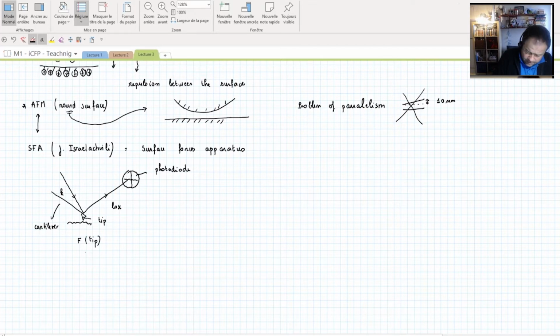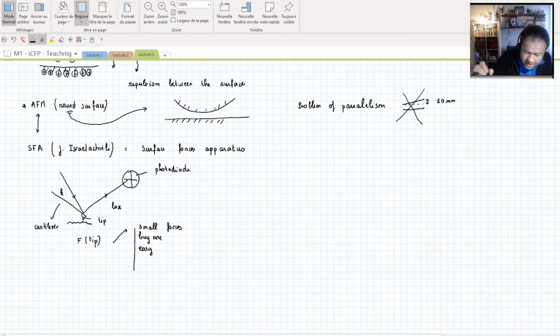What is the advantage of the AFM is that you measure small forces. You can buy one. The measurements are easy.